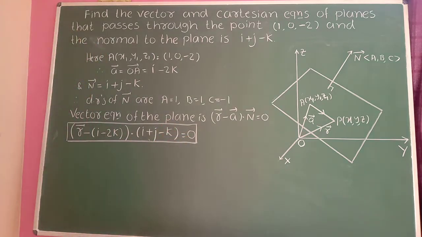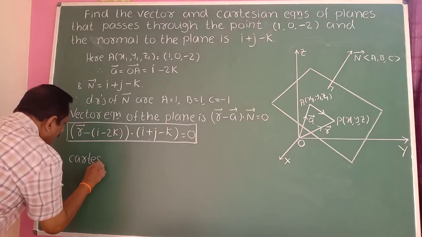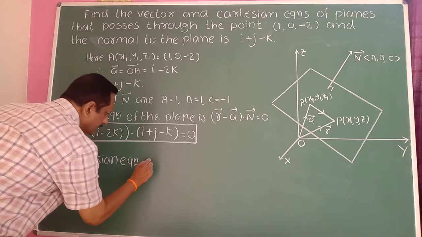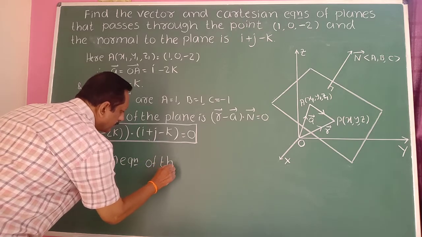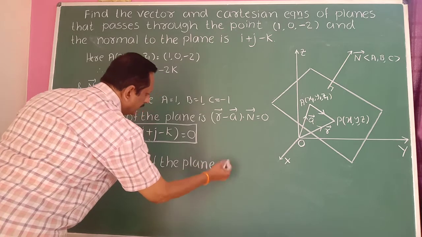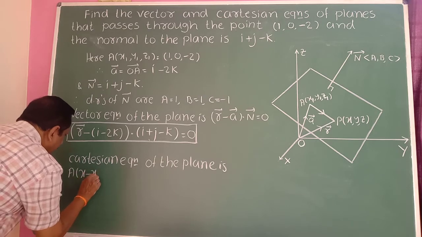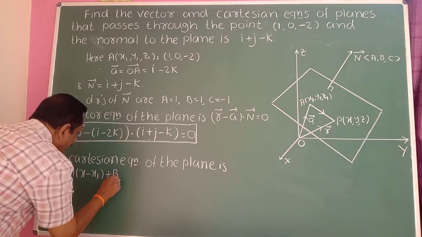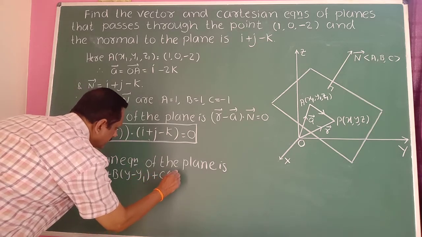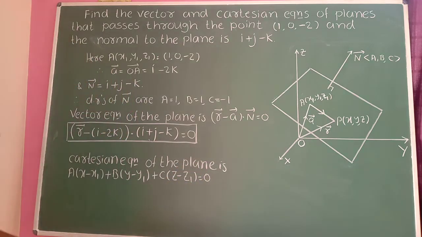Next write the Cartesian equation of the plane. The Cartesian equation of the plane is a(x − x1) + b(y − y1) + c(z − z1) = 0.